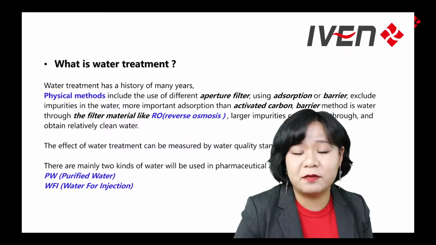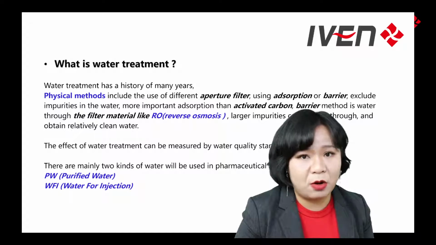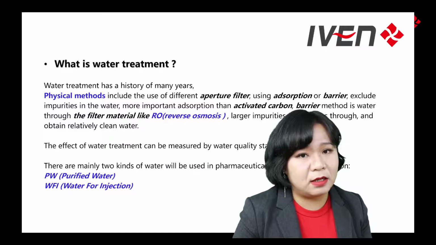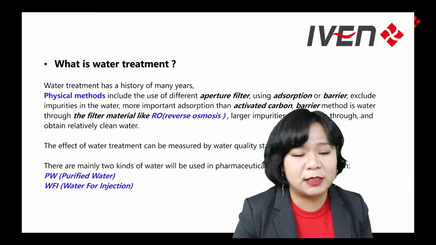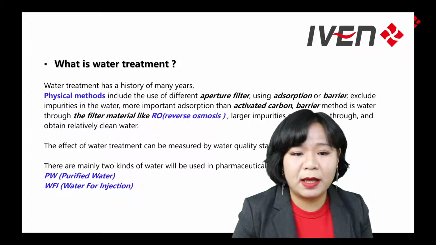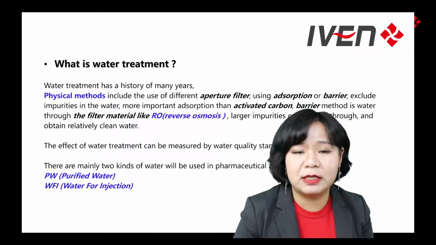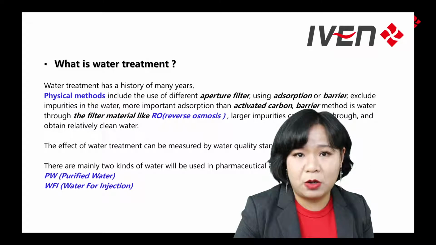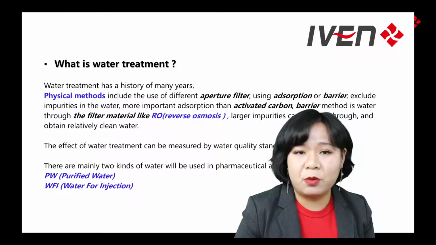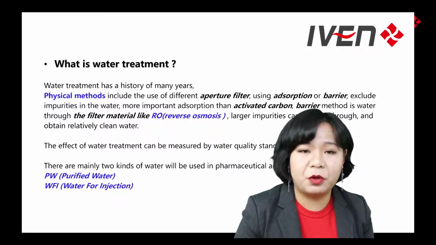The effect of the water treatment can be measured by the water quality standards, I mean the final production water standards. There are two kinds of water used in the pharmaceutical and medical industry. One is the purified water, we call it PW, and another one is WFI, we call it water for injection.